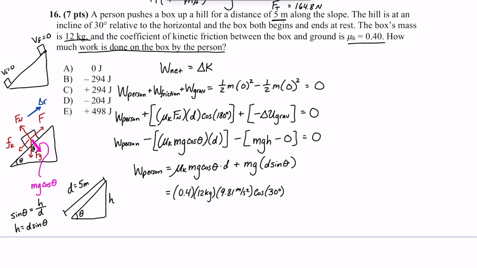The displacement is 5 meters. And plugging all of this into a calculator, if we were to round, we'd end up with a positive 498 joules.